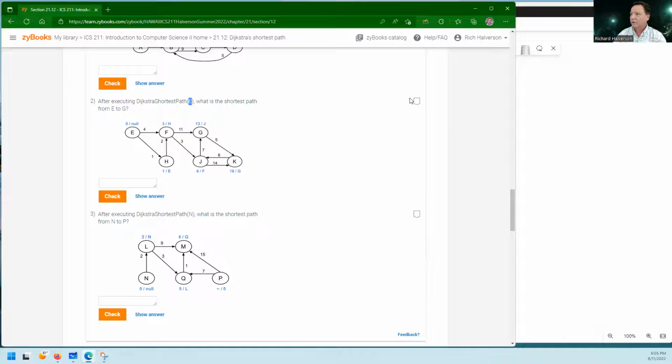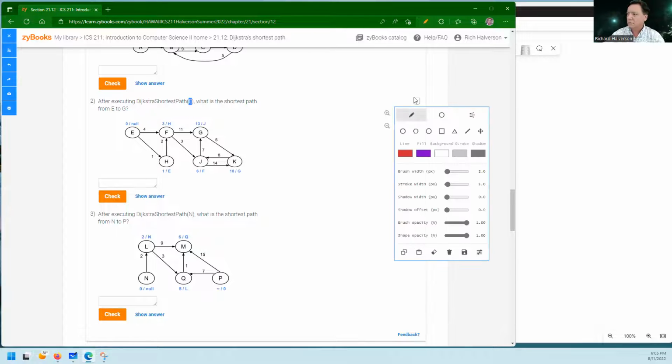So you see the path is, let's see if this works. The path for E to G is G down to J, down to F, down to H, down to E. And that's because each of these says go to J, this says go to F, this says go to H, this says go to E, and this goes to E, and so you can see that's how that works.